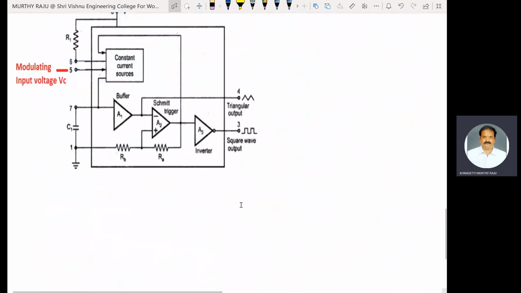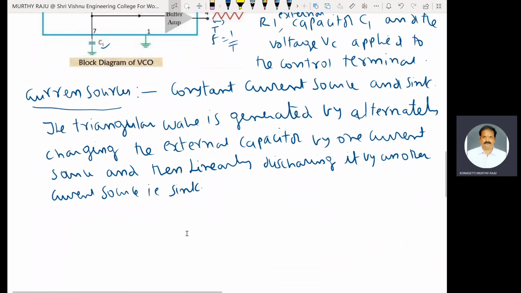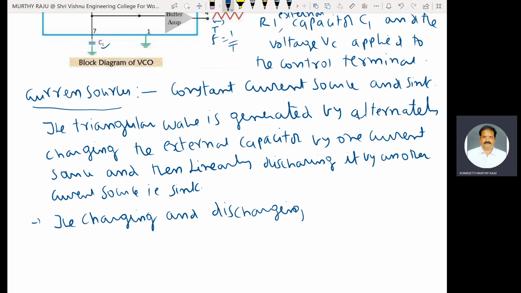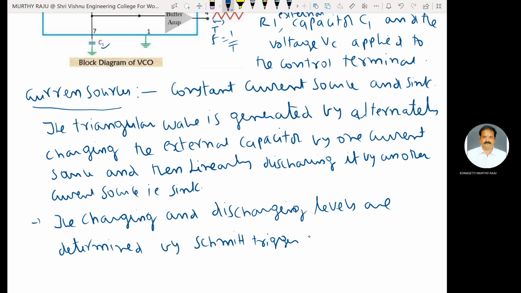Another important point here is that the capacitor C1 is linearly charged or discharged by the constant current source and the sink.